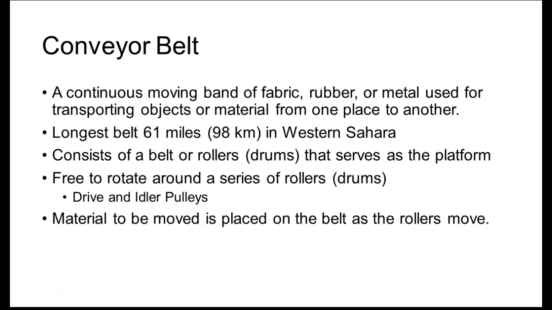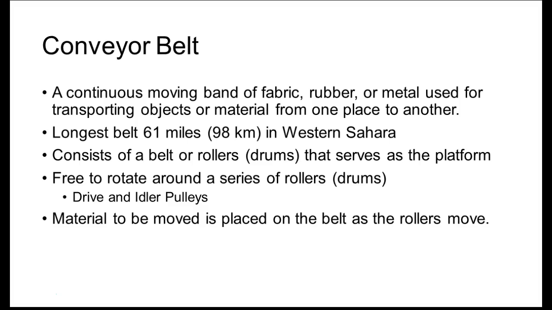So, a continuous moving band of fabric, rubber, or metal used for transporting objects or material from one place to another. The longest belt in the Western Sahara is 98 kilometers or 61 miles long. It consists of a belt over rollers, or drums, that serve as the platform, right? Free to rotate around a series of rollers, we call them drums.